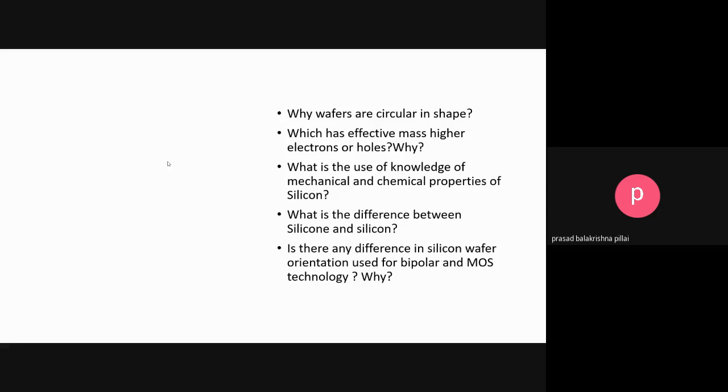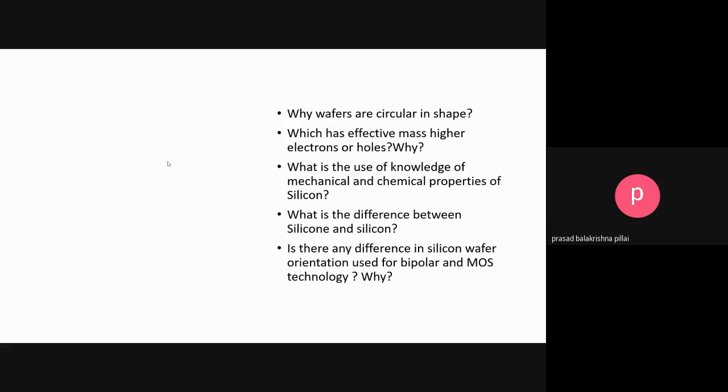So the effective mass gives you an idea about the internal forces acting. That is how we have introduced the effective mass. The internal force acting on holes will be more, since it is going from a bound state to another bound state. Naturally the forces acting on them will be more, so the effective mass of the holes is more.